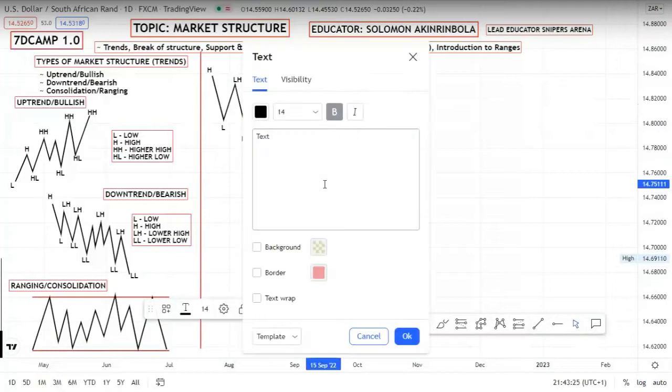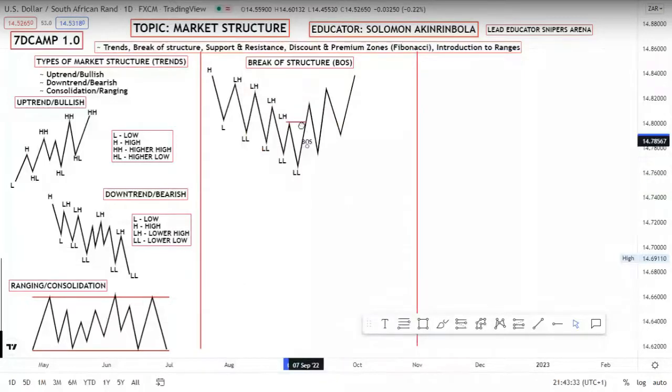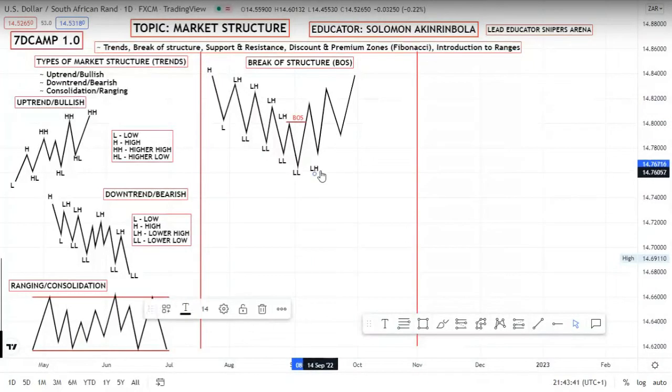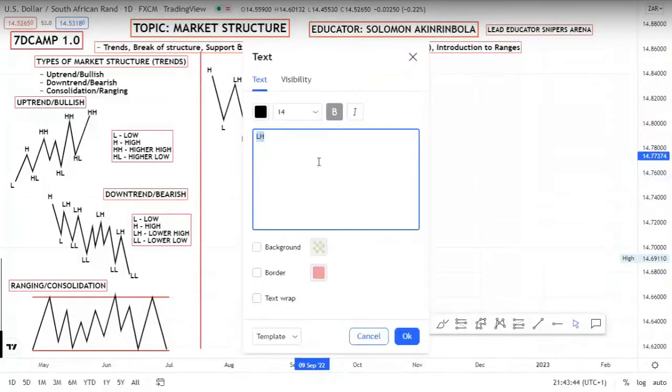That's just on a lighter note. We call that break of structure. And price now starts from a higher low and keeps going.